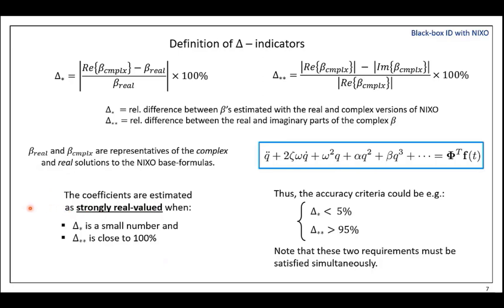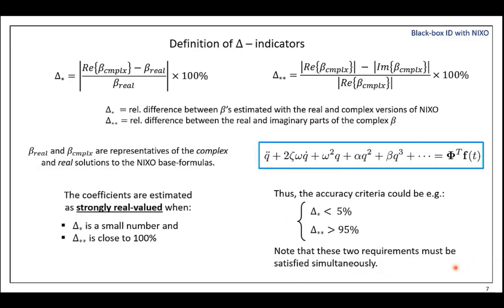Namely, these beta coefficients are considered to be strongly real valued when delta star is a small number, which indicates that beta real and beta complex are consistent, and when delta double star is close to 100%, which gives that the imaginary part of the complex solution is relatively small. These two accuracy criteria could be expressed with, for example, these two inequalities. Note that they must be satisfied simultaneously.